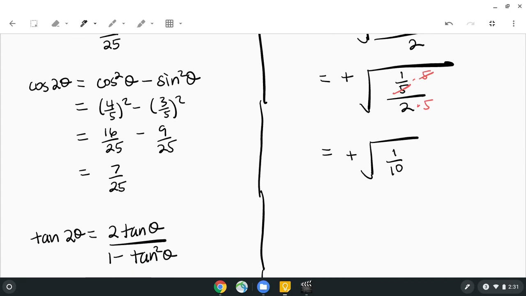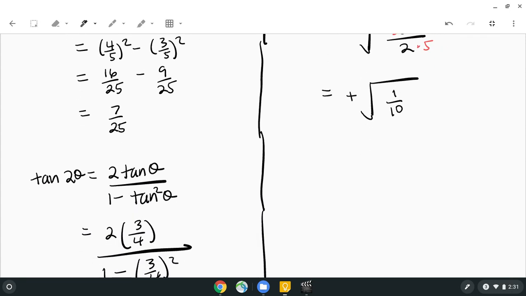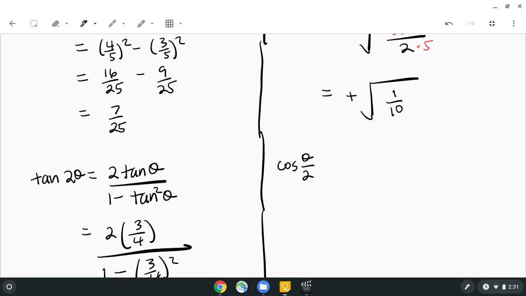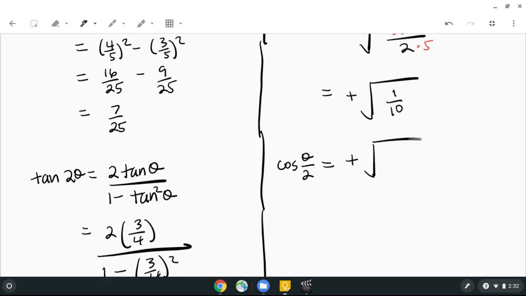All right, let's do cosine. Cosine of half angle. So again, take the appropriate sign. We are not in any particular quadrant, so we will take the positive square root, not the negative.